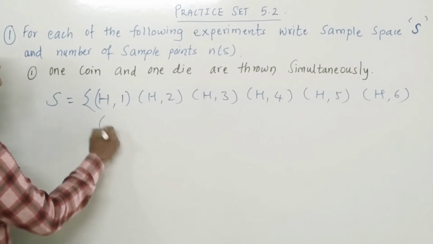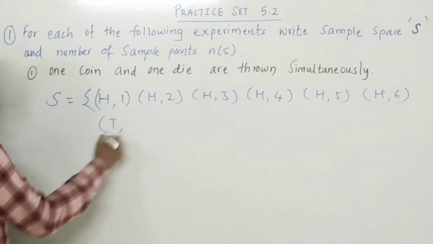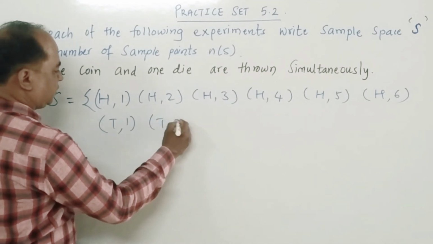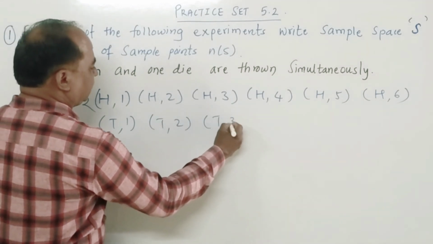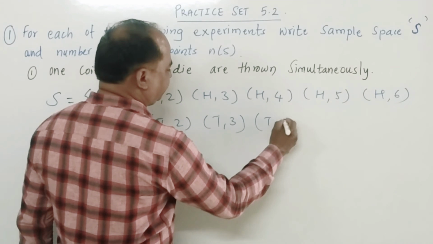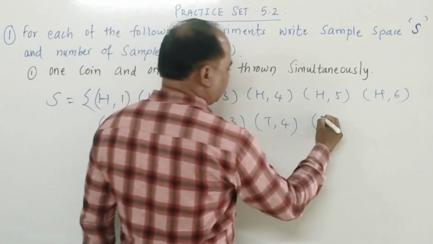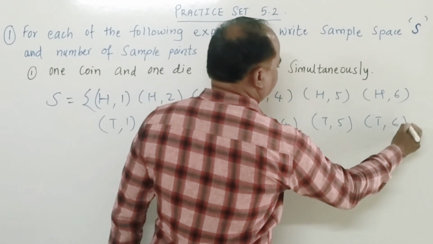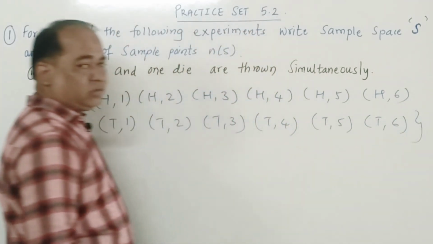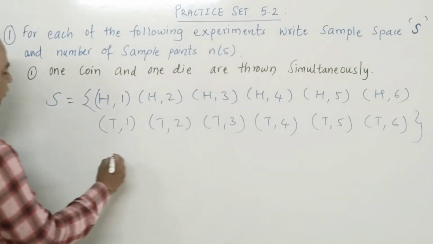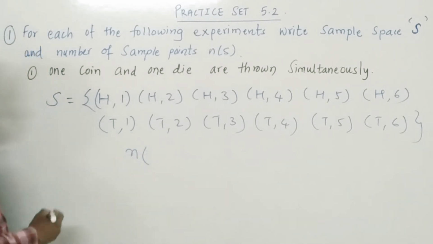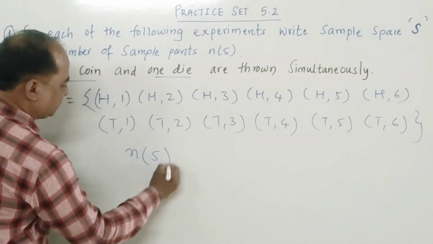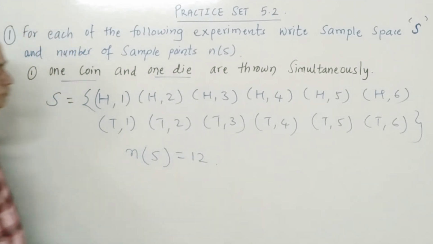Then tail 1, tail 2, and so on. See that there is no repetition of the outcome. So in all we get total 12 outcomes. So the number of sample points, when 1 coin and 1 die is thrown, is n(S) is equal to 12.